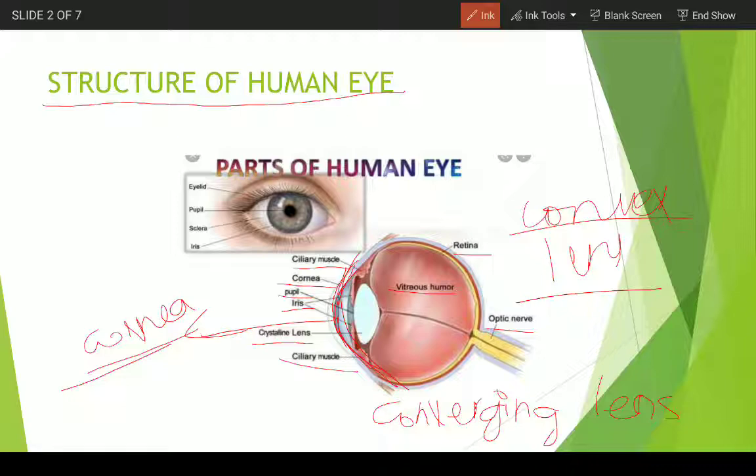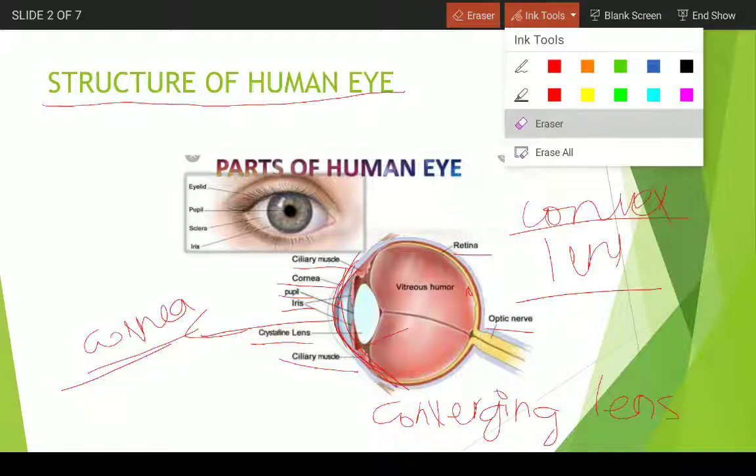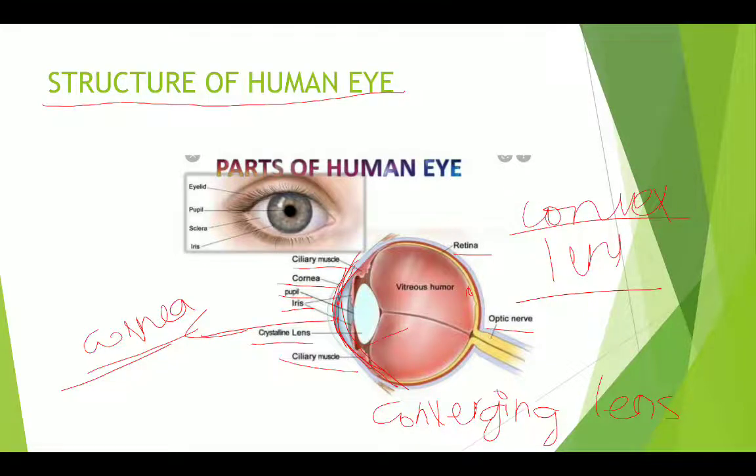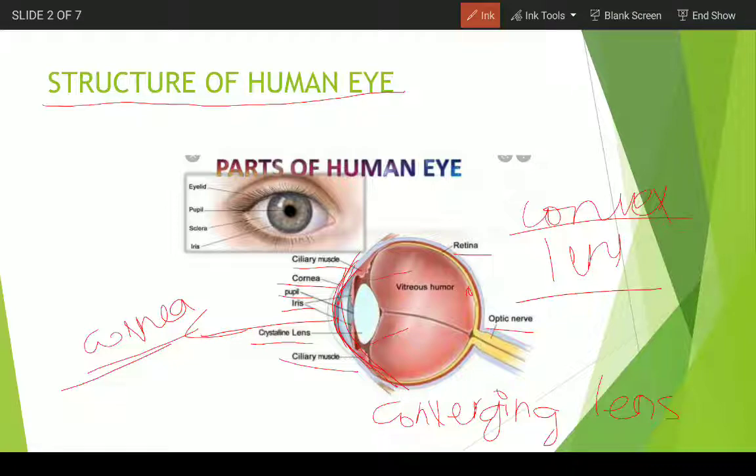Here I said the light gets refracted, so at one point, right? Usually it is actually here. So the retina, the image forms on the retina, you already know. The image formation takes place on the retina.